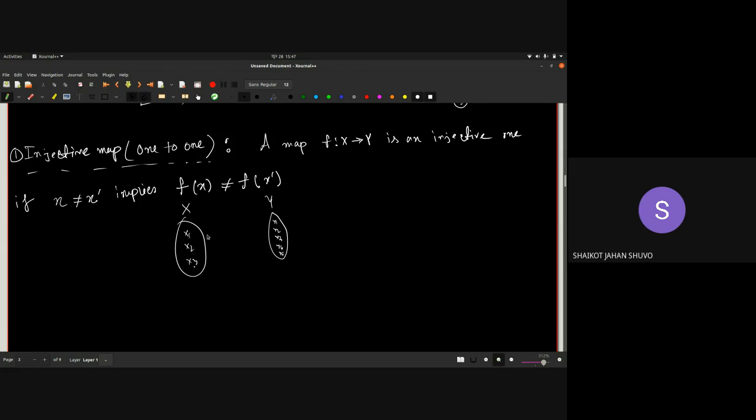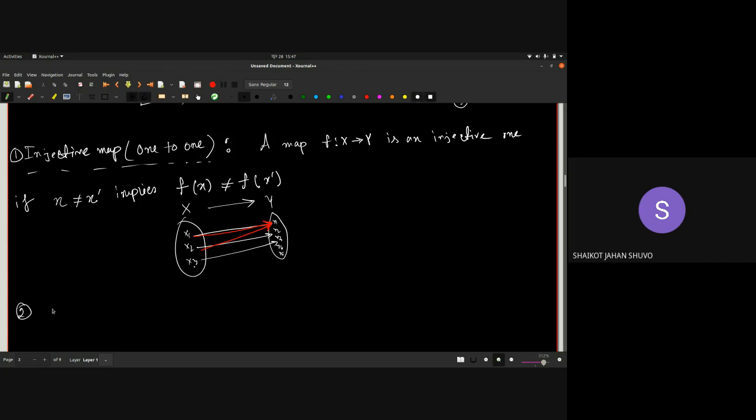So if it's an injective map from X to Y, then the image of x1 is y1, the image of x2 is y2, the image of x3 is y3. If x1 has the image y1, and at the same time x2 had the image y1 as well, then it would not be injective. Okay, it's a one-to-one map.